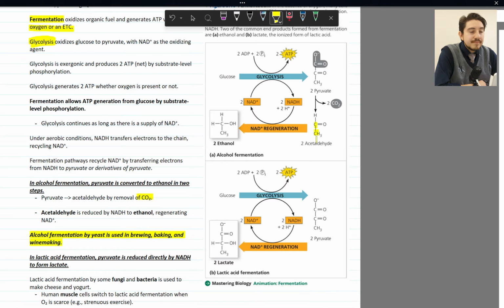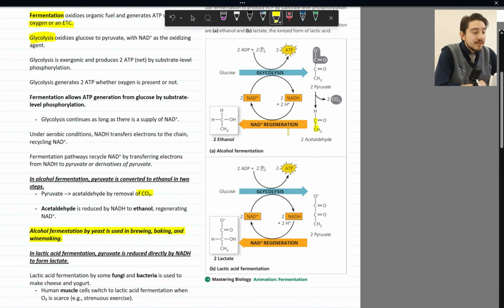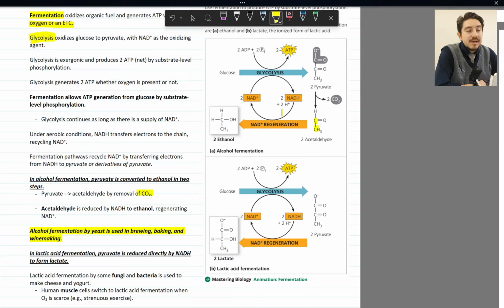Then this acetaldehyde will be converted into ethanol via the acceptance of electrons and hydrogen ions. Remember, you produce NADH in glycolysis, but since you can't use NADH for the electron transport chain, it has to get oxidized somehow so you can continue producing ATP.